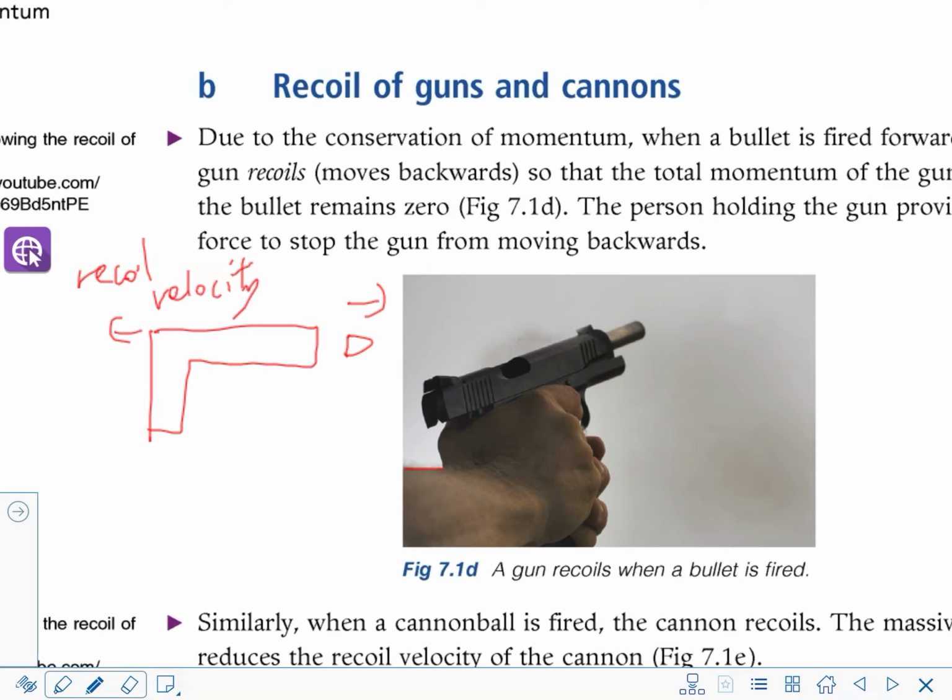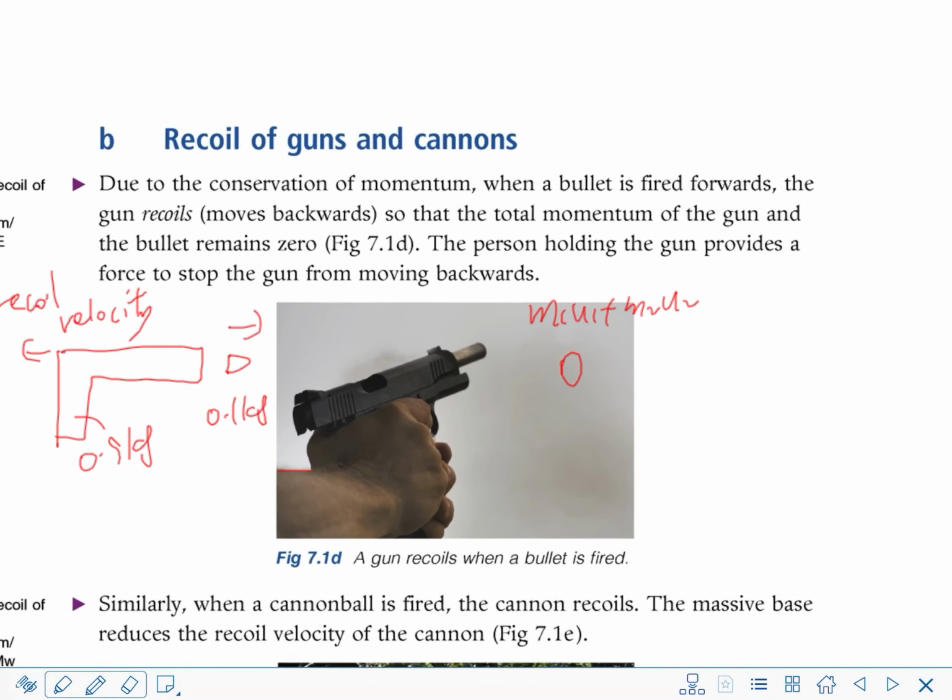We can calculate the recoil velocity very easily. Suppose the bullet has a mass of 0.1 kg and the gun has 0.9 kg. Before shooting, the total momentum will be 0.